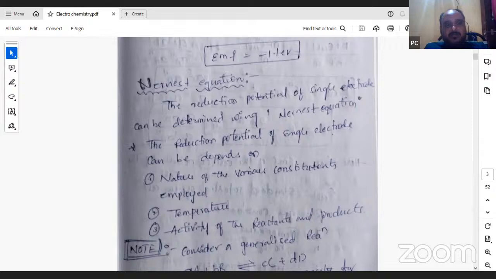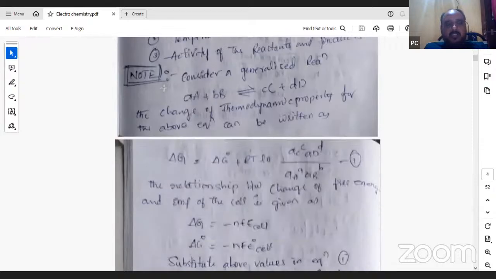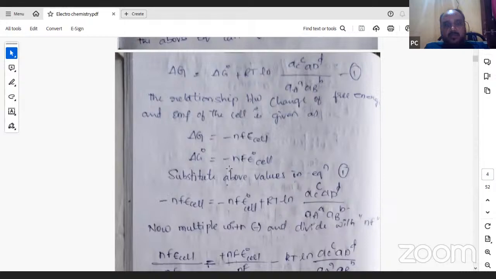By considering one general equation, A plus B gives rise to C plus D, one of the thermodynamic parameters we can consider is delta G equals delta G naught plus RT ln (activity of products by activity of reactants). And we also know the relation between delta G and E cell: delta G equals minus nFE cell, and delta G naught equals minus nFE naught cell.